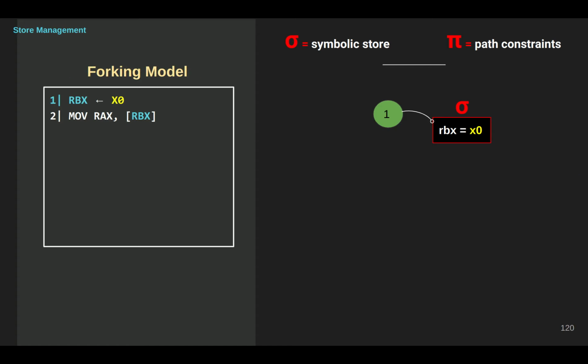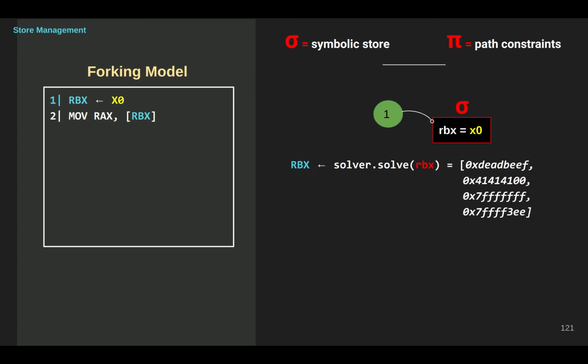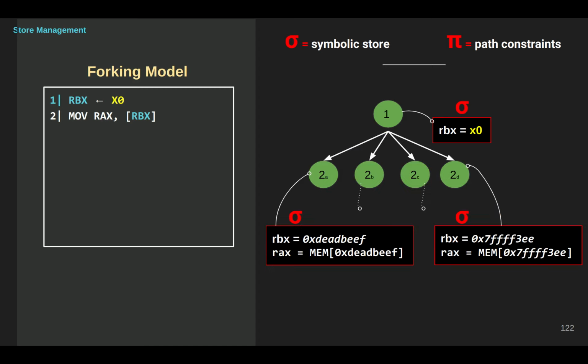The forking model is like single concretization, but I concretize multiple times, and for each of those I fork a state. So if it is the first one, then RBX has this, and REX has the value at that address, and for each value of RBX you do that exploration.